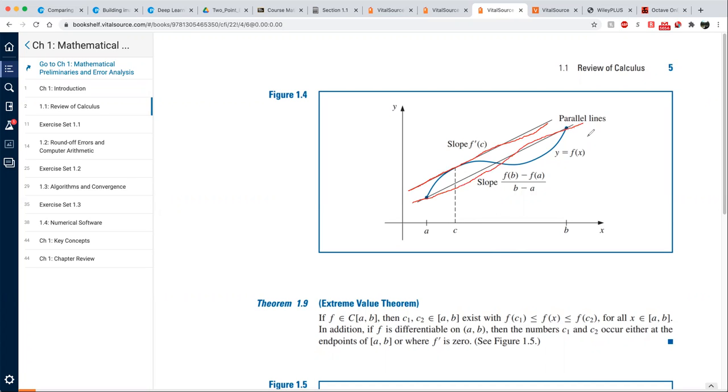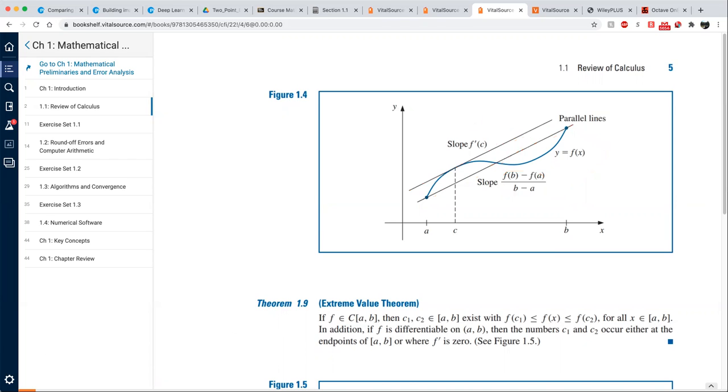You see, this is the secant line right here, and the slope of that secant line is this, right? So there exists c such that the slope of the tangent line, f prime of c, is equal to the slope of the secant line passing through a comma f of a and b comma f of b. That's the Mean Value Theorem.